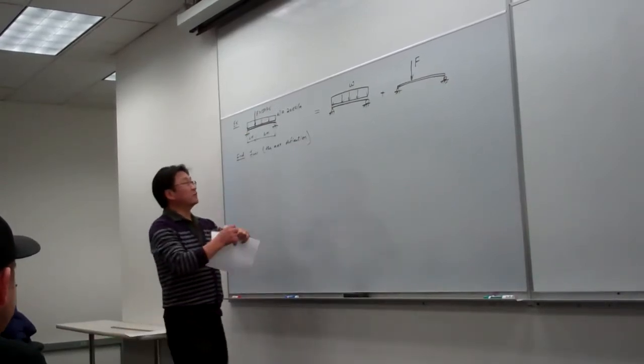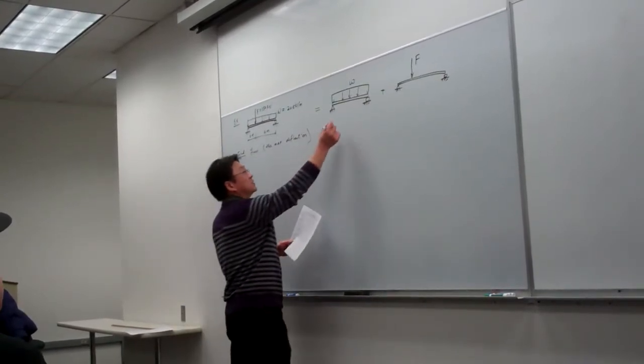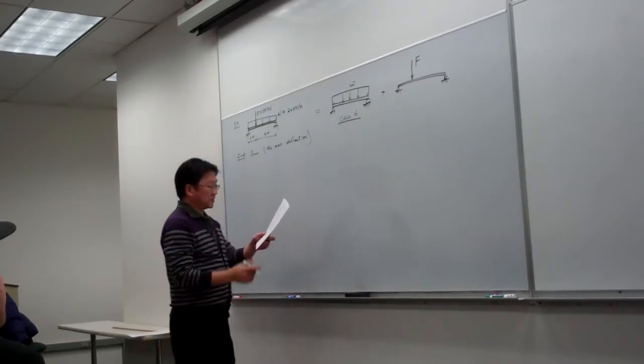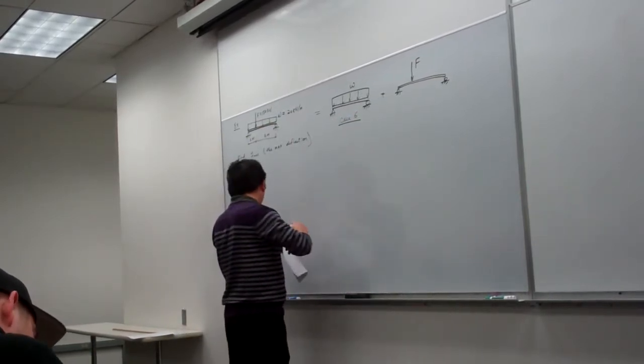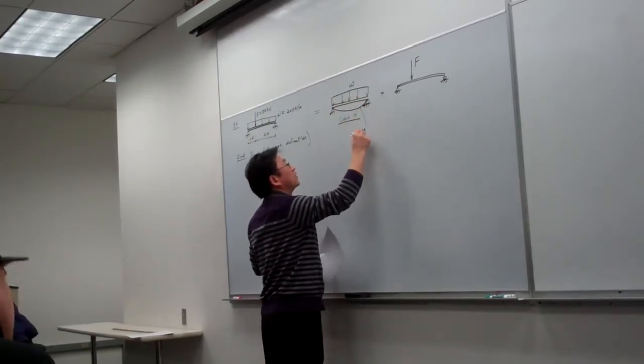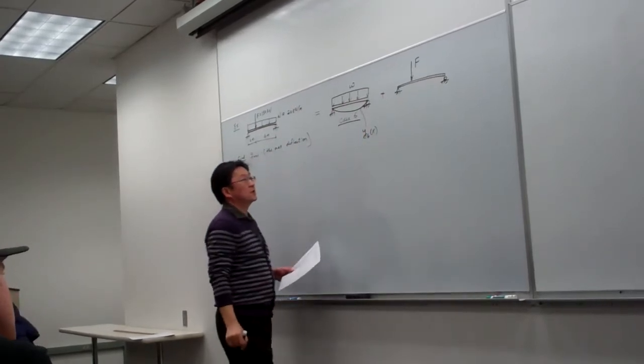So for this case, if you have the tables with you, this will be case 6. And for case 6, we can see that the deflection will be like this, and then we call this Y1. How about case 6, Y6.